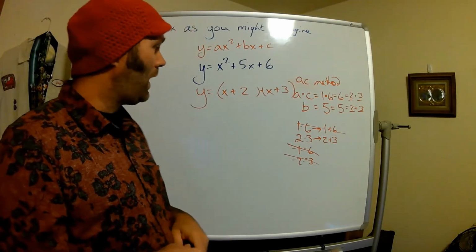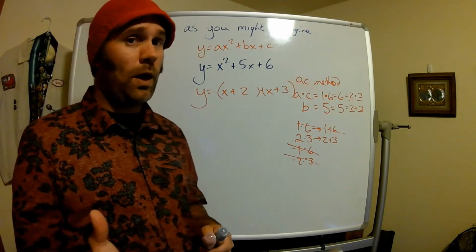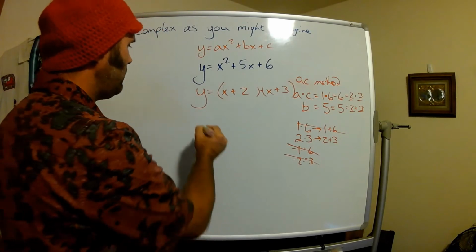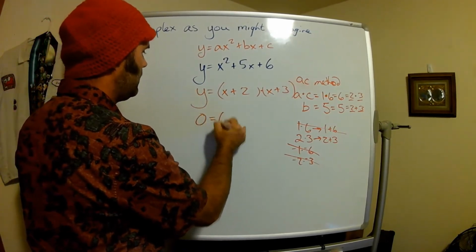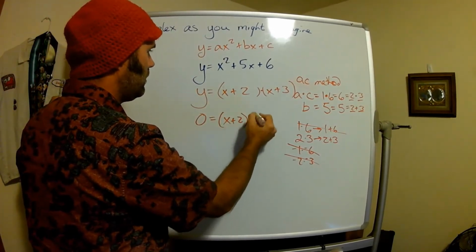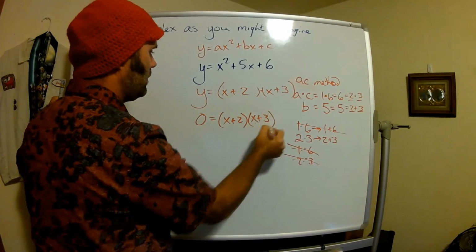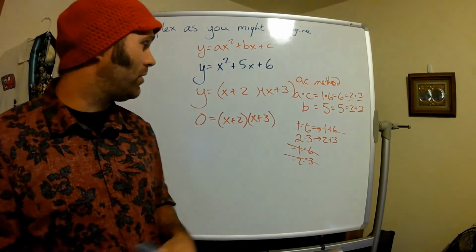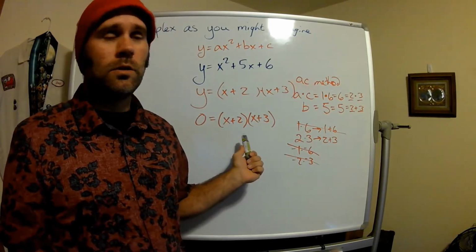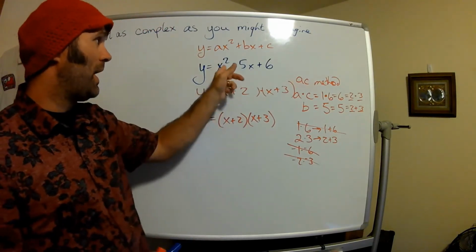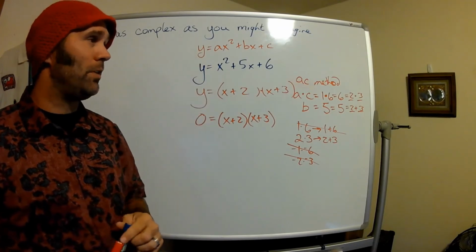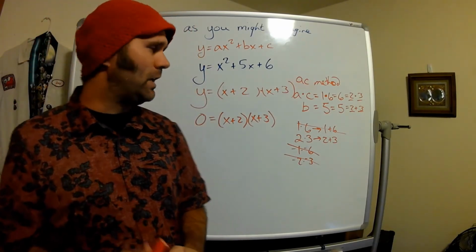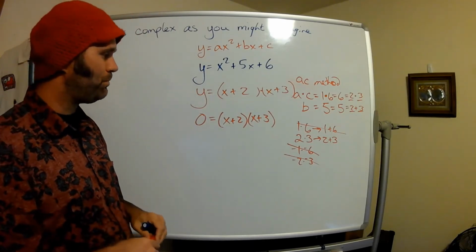That means when y is 0, what does x equal? We can solve this equation here because there's only one unknown. We could multiply it back out and have 0 equals x squared plus 5x plus 6, but there's no real nice way of solving it unless it's in factored form.